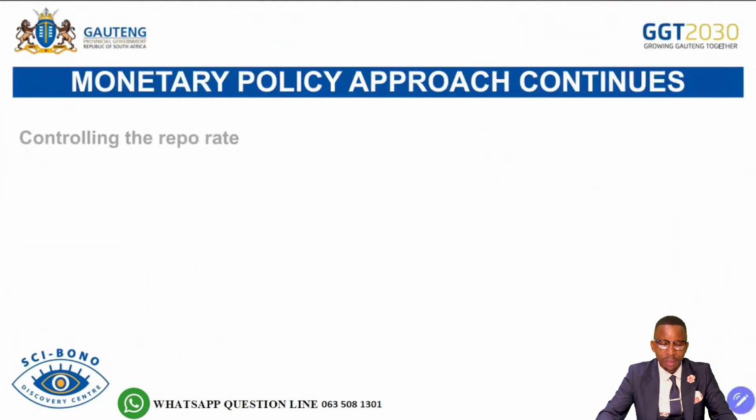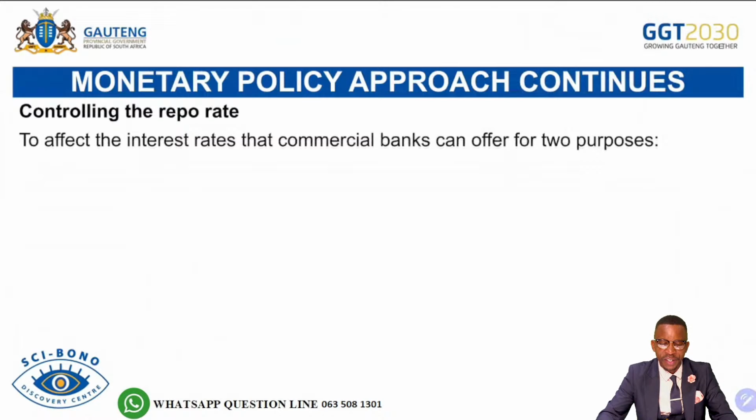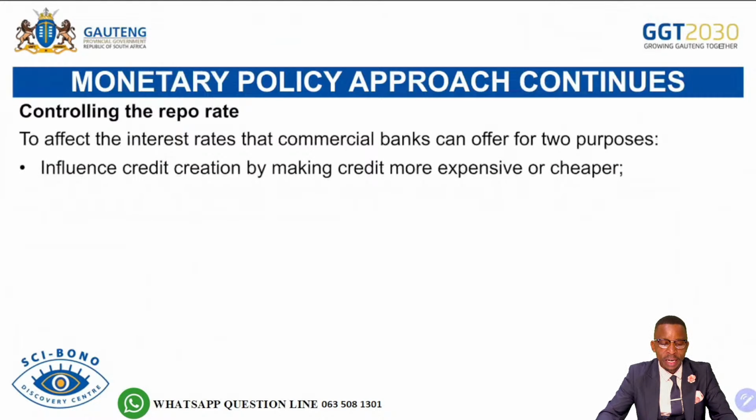We continue with the monetary approach, controlling the repo rate. Like I've mentioned, the effect of the interest rate that commercial banks can offer is for two purposes. It influences credit creation by making credit more expensive or cheaper. If ever the repo rate is increased, credit will be expensive. There will be less borrowing and more savings.